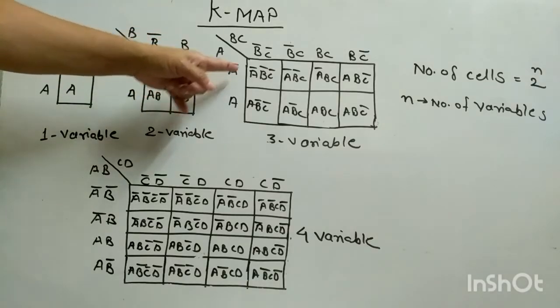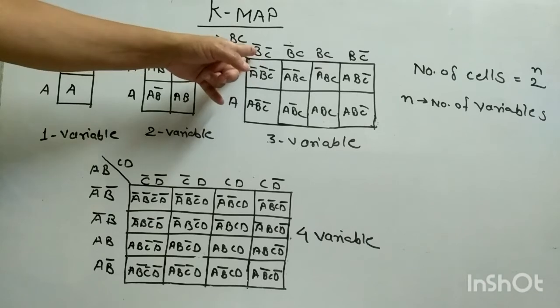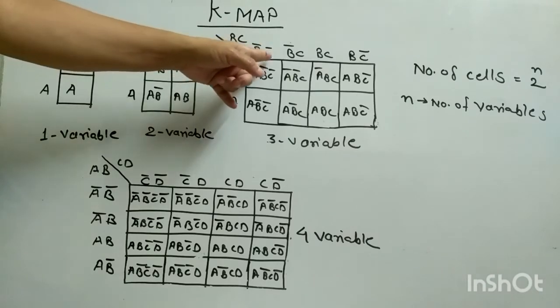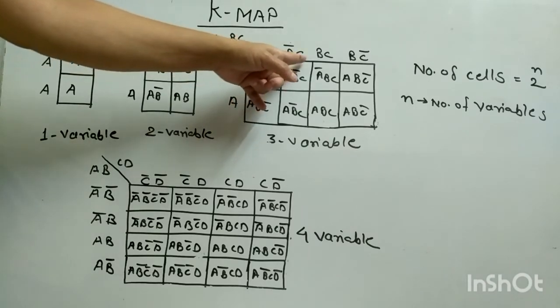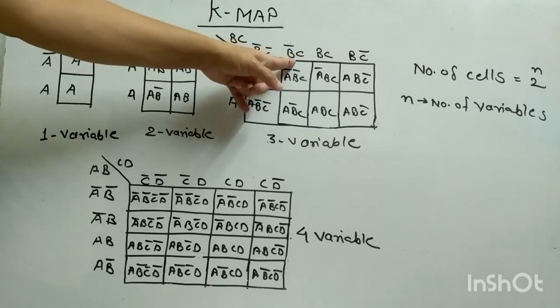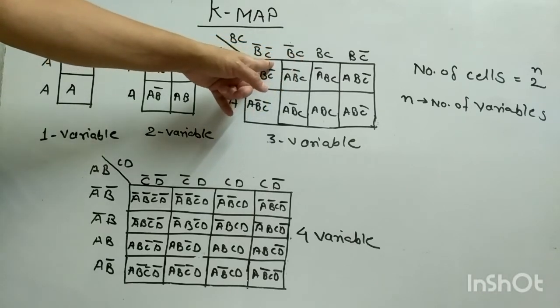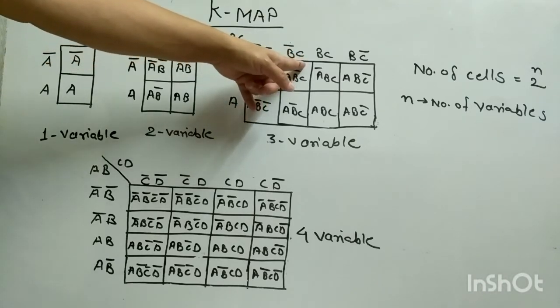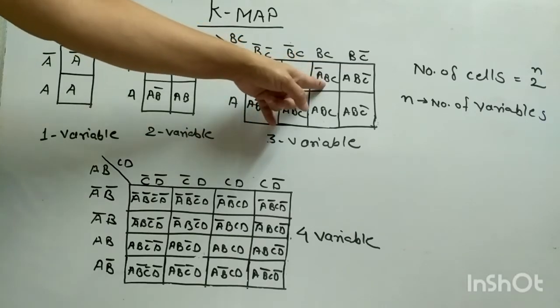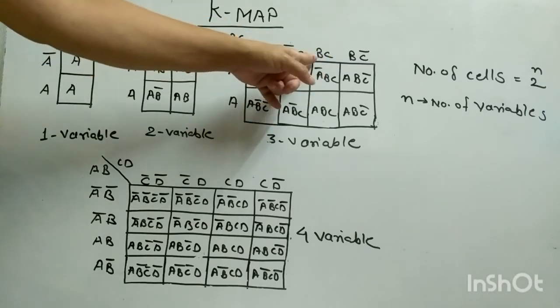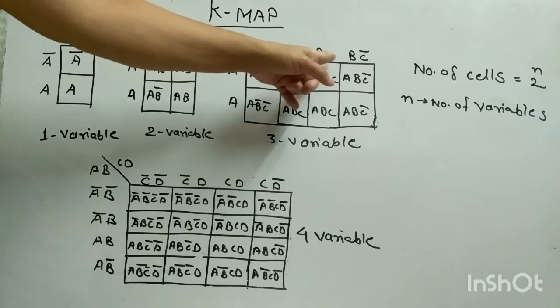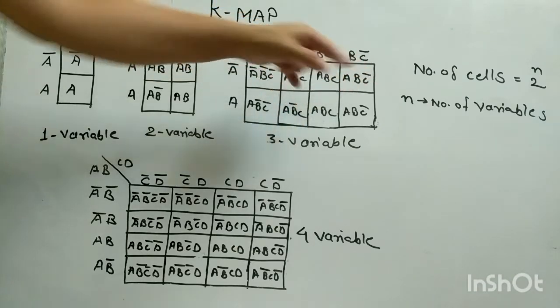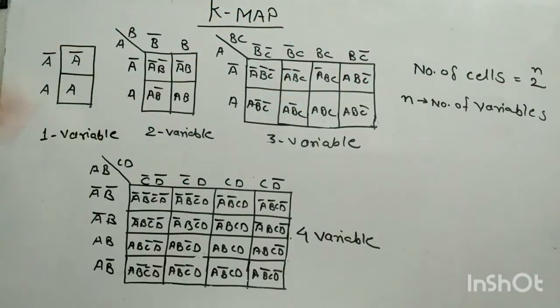For three variables, from the first column B bar C bar to B bar C, B bar stays as it is and C bar changes to C. From B bar C to BC, C stays and B bar changes to B. From BC to BC bar, B stays and C changes to C bar. So only one variable changes.